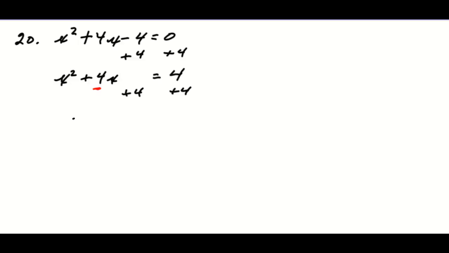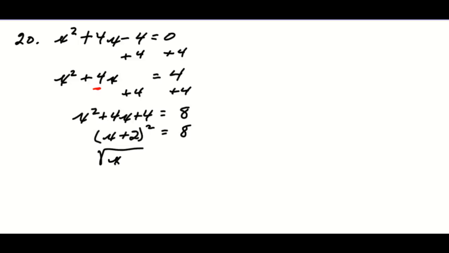What I get now is x squared plus 4x plus 4 is equal to 8. This is a perfect square, x plus 2, the quantity squared, equals 8. Square root of that equals plus or minus the square root of 8.